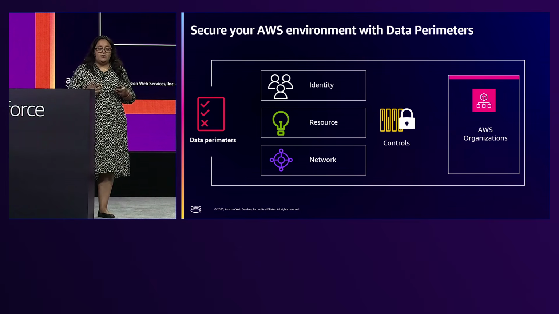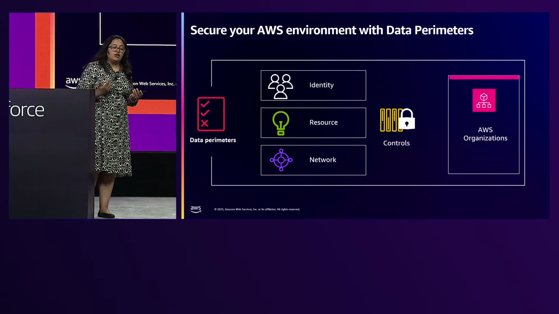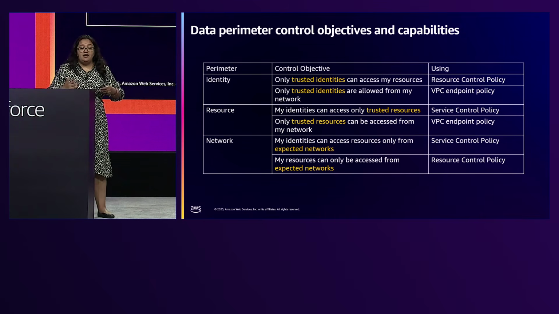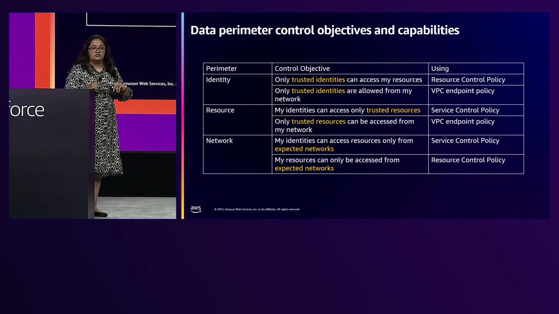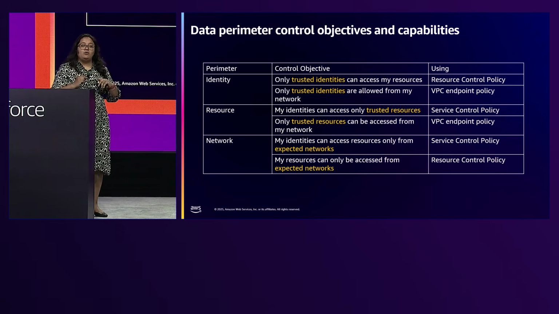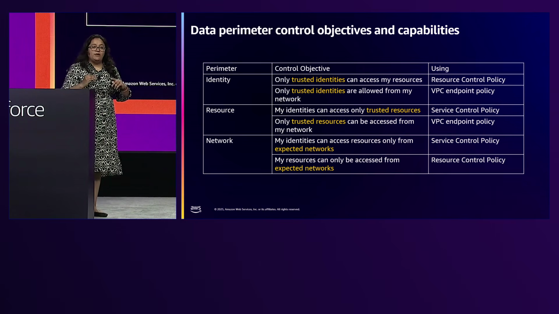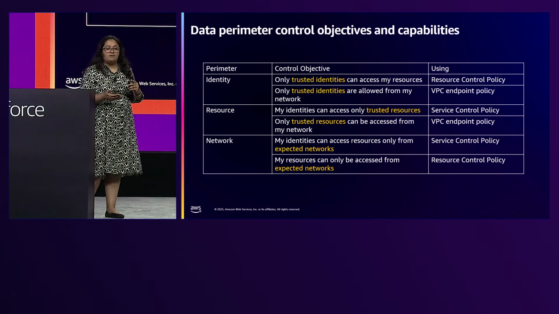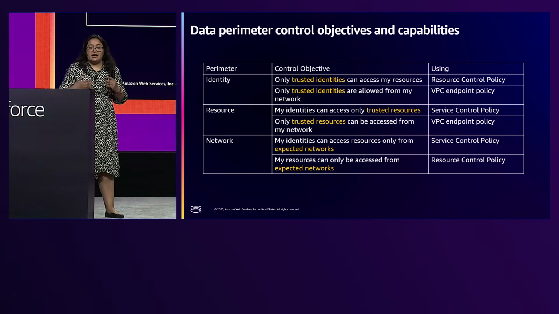So you do that, you define the objective of your controls, and then you apply it in your AWS organization. And once you are done with that, you have now built that boundary around your AWS resources to stay always on. And you do it in a way that anytime you configure a new account, anytime you push a new application out, these boundaries are there.